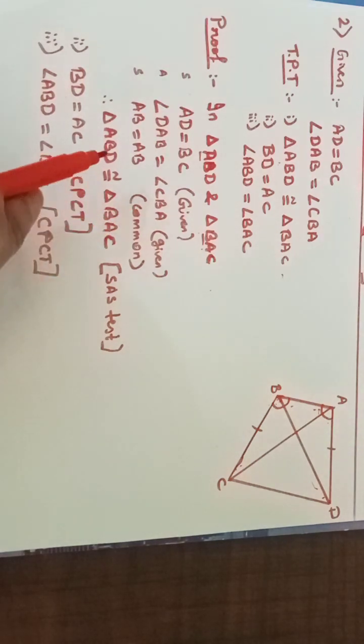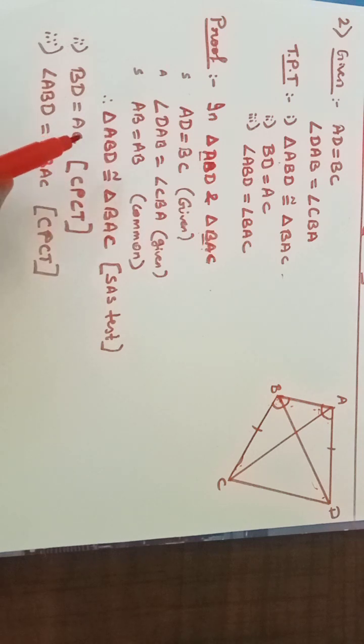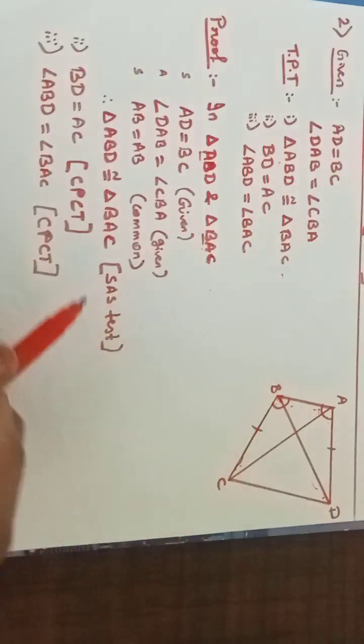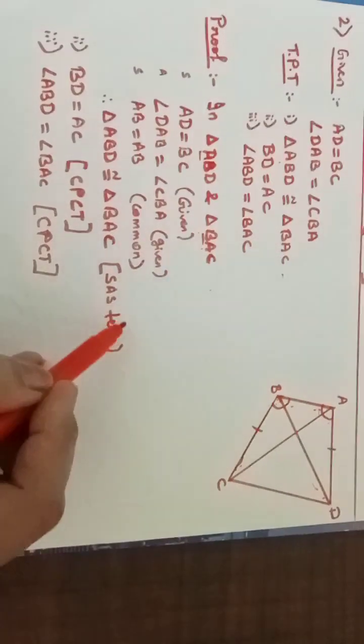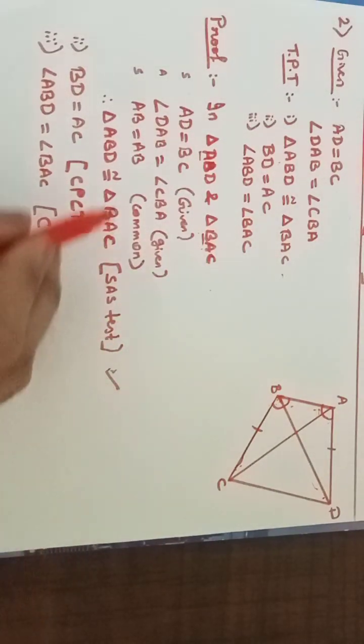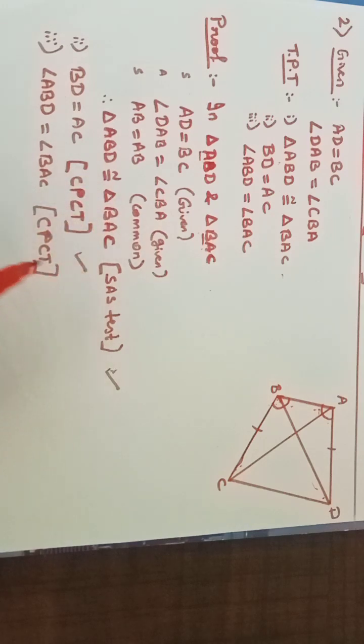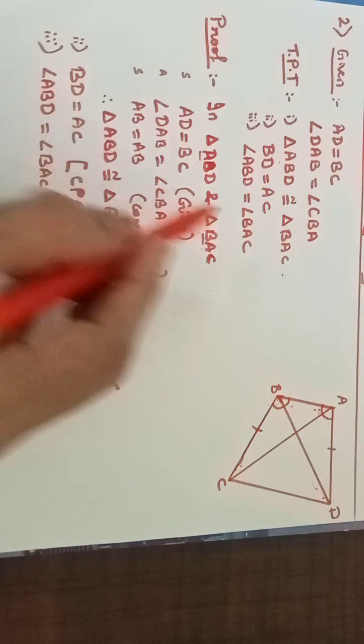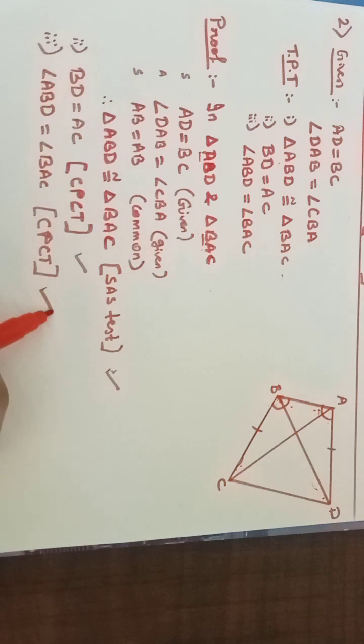So once these two triangles are proved congruent, you can write the remaining sides and angles of these two triangles as equal. Reason is corresponding parts of congruent triangles. So in this way we have proved all the proof. First one is triangles are congruent. Second is BD equals AC, and third is angle ABD is equal to angle BAC.